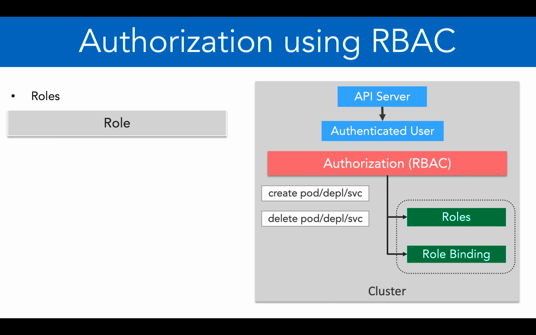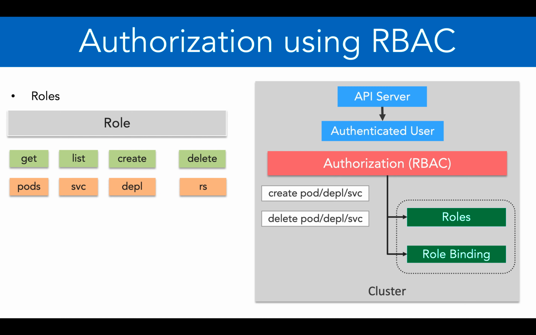So we have this role, we mention all the things that this role can do, like get a pod, list pods, create pods, delete services, etc. And on what resources these actions or verbs are allowed. So it is a collection of verbs or actions that you want to do on the resources. So you mention both the actions or verbs and the resources as well.